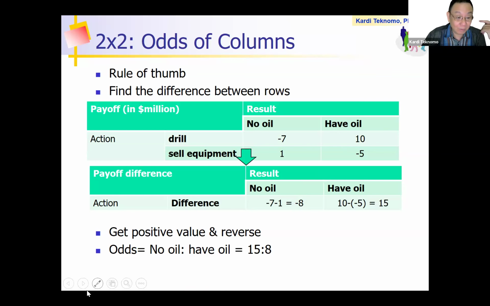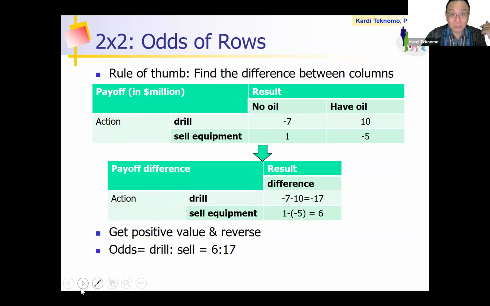The same applies if you want to get the odds for the rows. You need to find the difference between the columns. So here -7 and -10, the difference is 3, and then 1 minus -5, so you get 6.